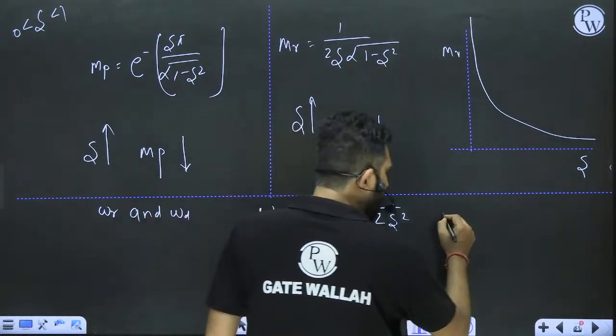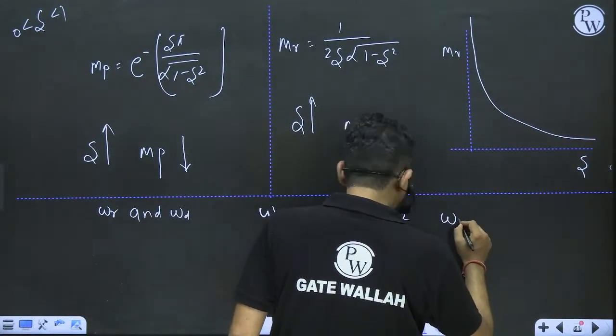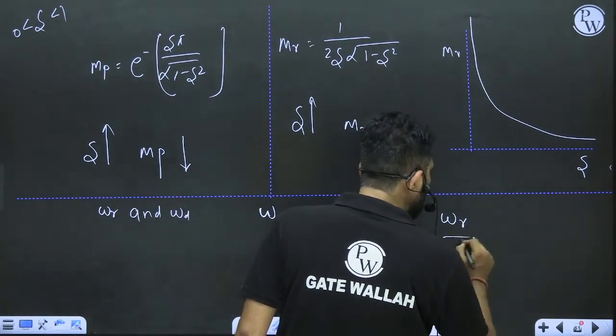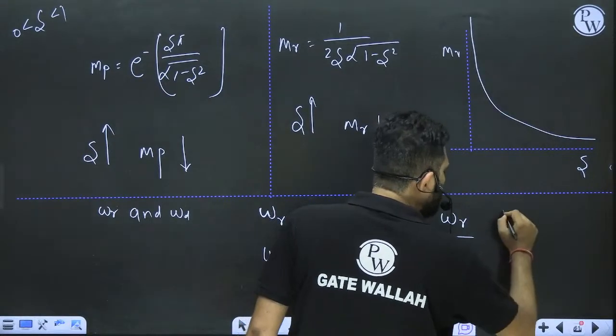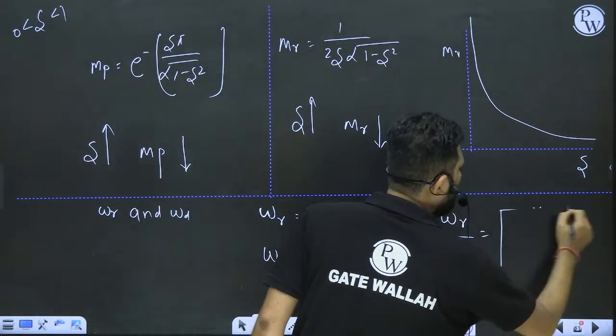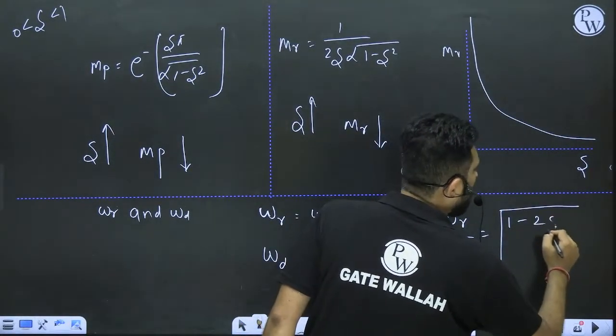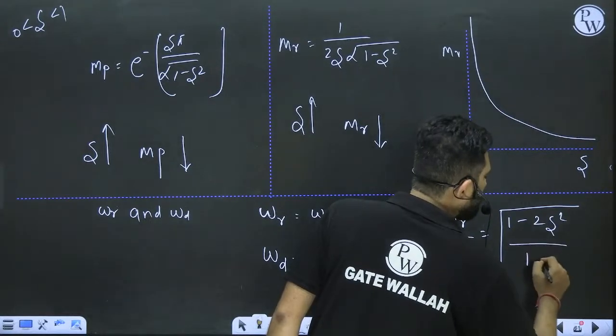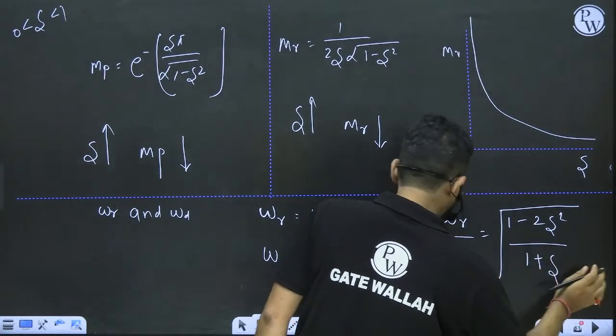So when you take the ratio omega r by omega d, this comes out to be root of 1 minus 2 zeta square upon 1 minus zeta square.